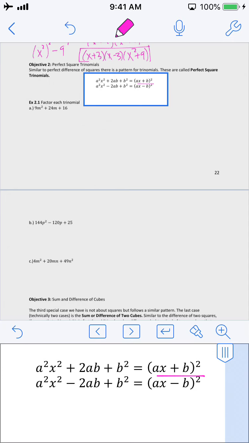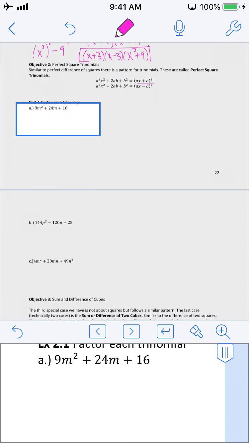We're going to approach this the same way. We're going to look at just general trinomials. So it's a trinomial, right? That's cool. I'm noticing some squares on the end. Okay, but this term isn't missing in the middle, so something else has to be happening. 3 times 3, 3m times 3m, and 4 and 4. Those are squares.